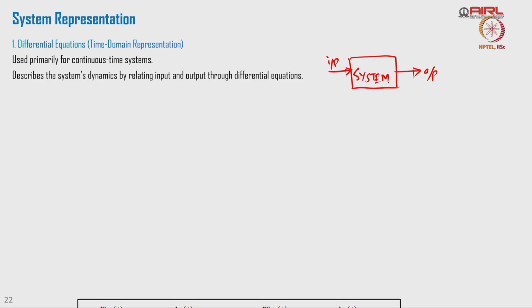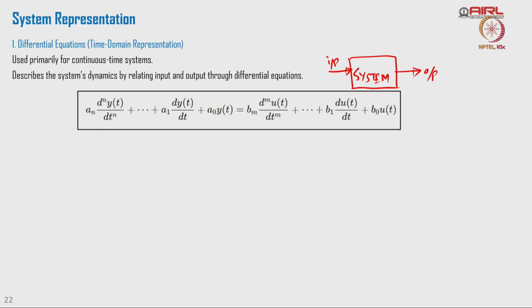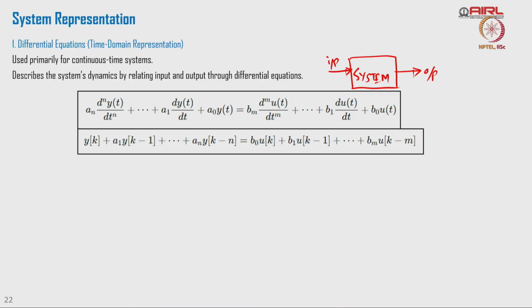We can define it in terms of differential equations in continuous time. We can represent them as a difference equation when it is a discrete time representation. What is happening here is that, say, u is the control input. So, this is d^m u/dt^m, the derivative of the input, and this is the mth order derivative, and here it is a linear combination of all the derivatives from 0th to nth order.